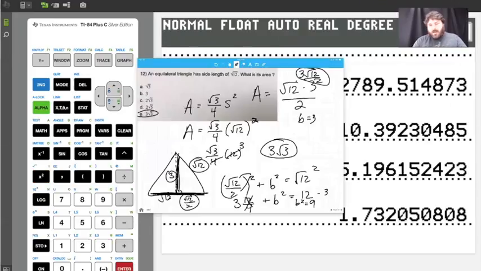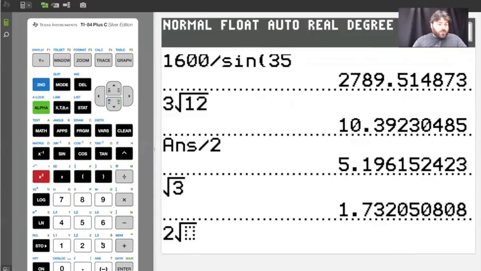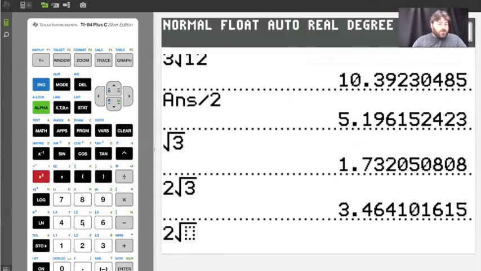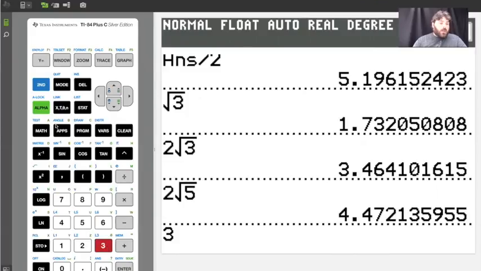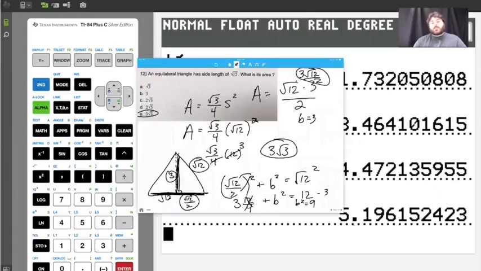B is 3, well, it's not B, it should be 5.196. C is 2 root 3, that's not it, all right? 2 root 5, you can just keep guessing and checking here. 2 root 5 is 4.47, so it's got to be E, 3 times root 3, 5.196, there we go.